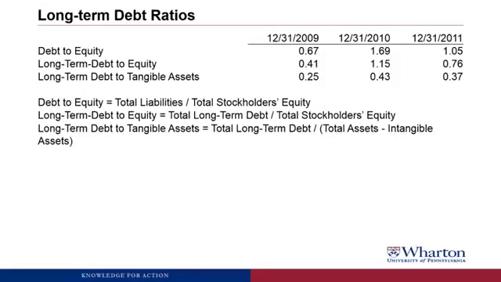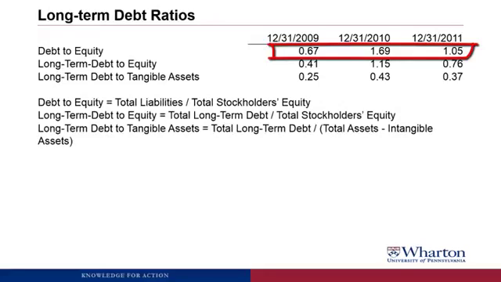Okay, so let's take a look at what these ratios are telling us for Plainview. In this case, lower ratios are probably better than higher ratios because they would indicate less risk and more borrowing capacity. Plainview's debt to equity has risen a little bit from 2009 to 2011, but it's still only 1.05, which means that for every dollar of equity investment, they have about a dollar of liabilities, which is a fairly low leverage ratio.